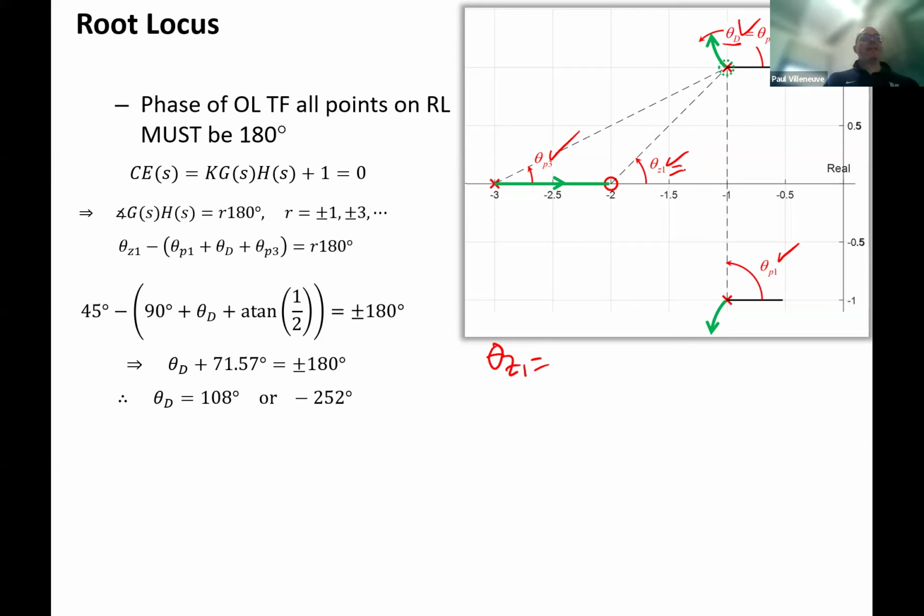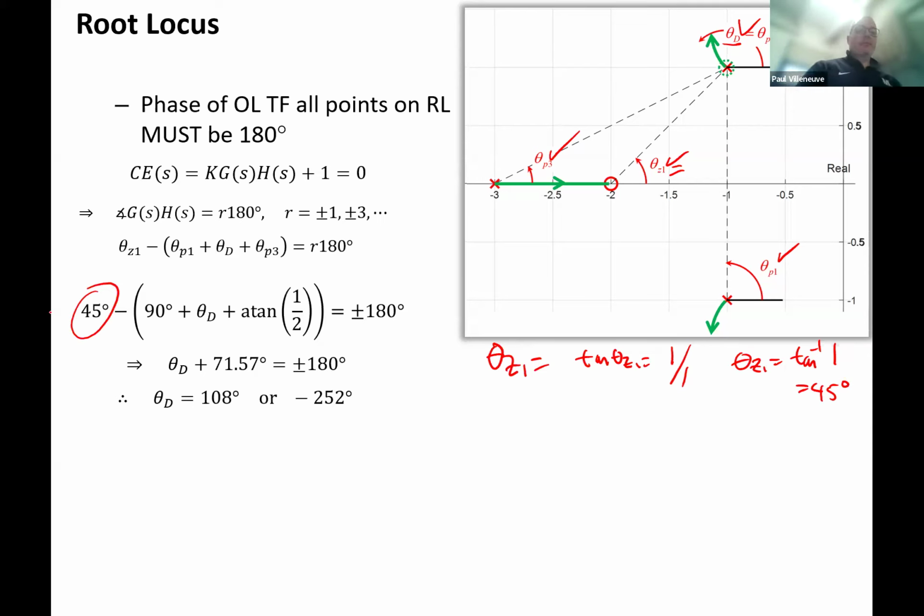Anybody? Close. SOH CAH TOA says what? The tangent of theta Z1 is equal to the opposite, which is 1, over the adjacent, which is 1, isn't it? So theta Z1 is equal to the inverse tan of 1, which is 45 degrees.